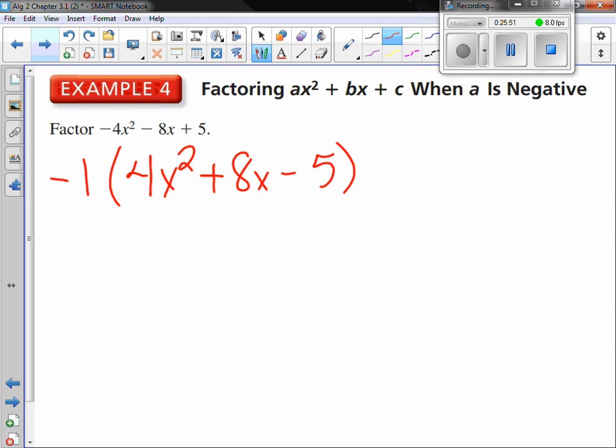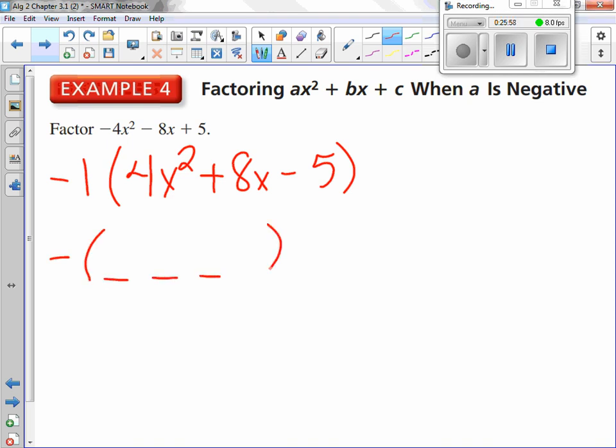We want the value of a to be positive. Now, all the rest of the steps are going to go the exact same as what we've already done. They're not going to change. So you can drop the 1 if you want, because writing negative 1 and just the negative in front of it are the same thing. But just be careful to make sure that you have that negative in your answer. It's going to need it.